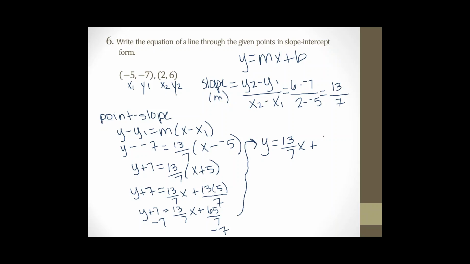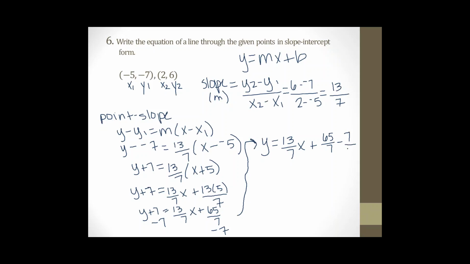Deanna showed you how to get common denominators to add or subtract fractions. I'll show that as well just in case. So 65 over 7 minus 7. We need to get common denominators. We need a 7 denominator. The least common denominator will be 7.